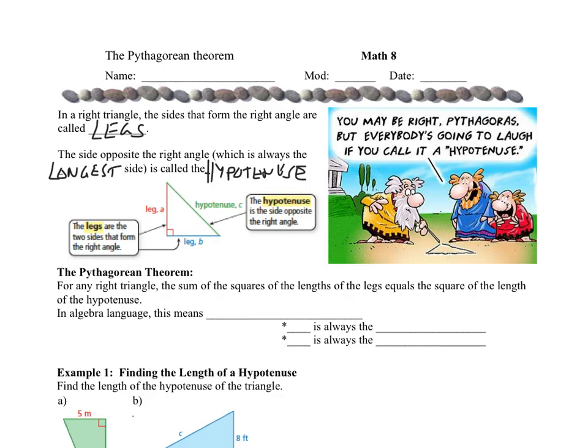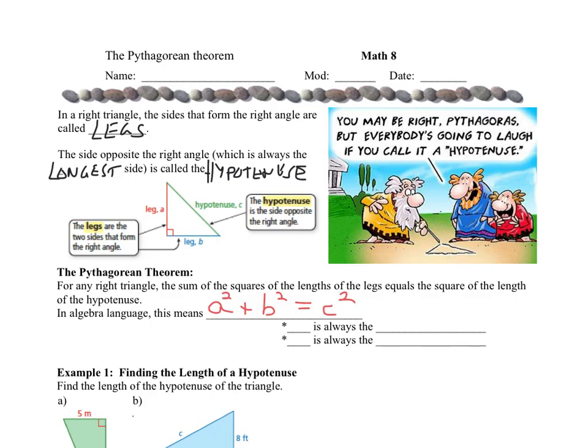But basically, in algebra terms, the sum of the squares of the lengths: the lengths are always the A and the B, and those are both squared. So if I take the A leg and square it, the B leg and square it, and add them together, it always equals C, which is the hypotenuse, squared.